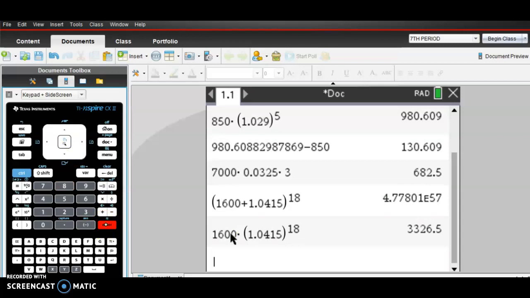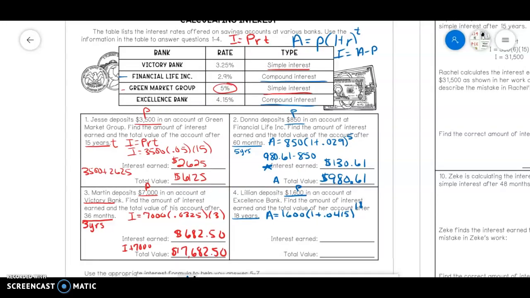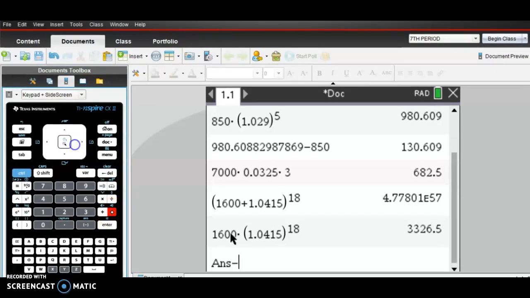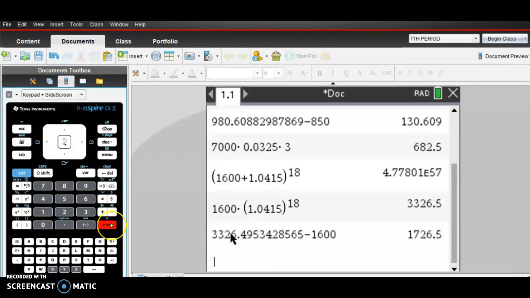That makes much more sense. $3,326.50. So if we take that and we subtract our 1,600, so 3326.5 minus 1,600, then we have an interest of $1,726.50.